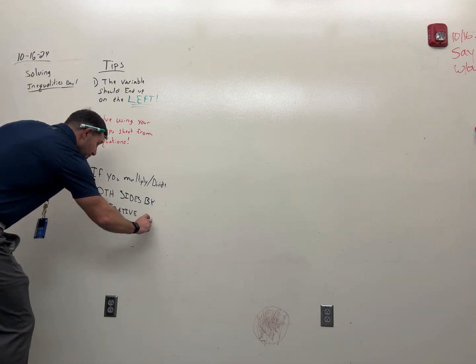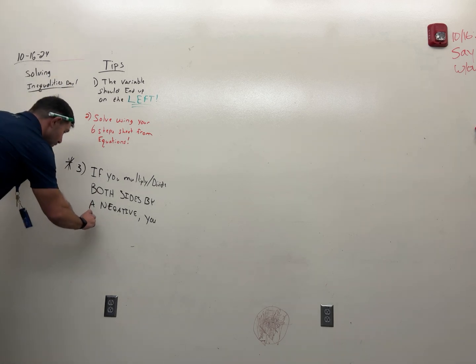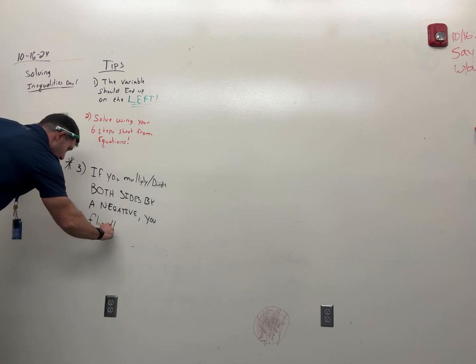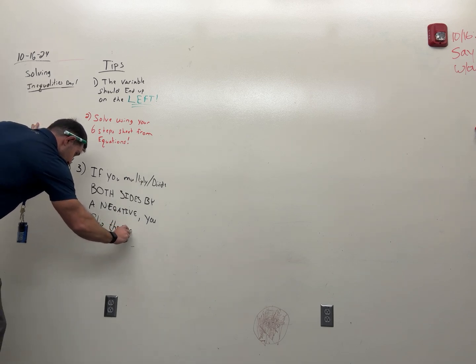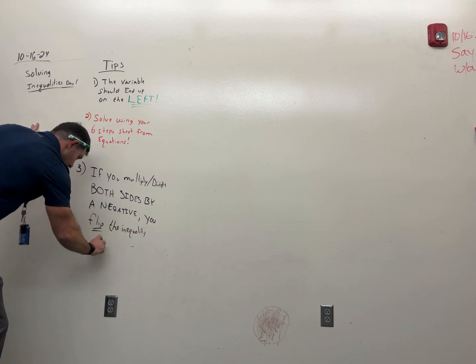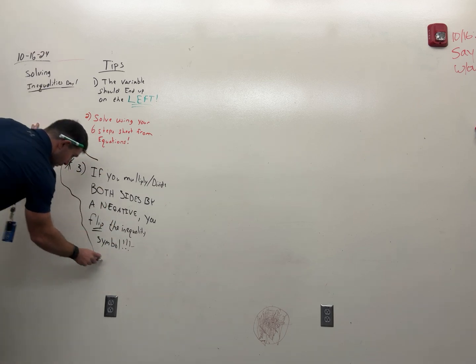Thank you. Okay, if you multiply or divide both sides by a negative, you flip the inequality symbol. This doesn't make sense yet, but I will show you what we do with that.